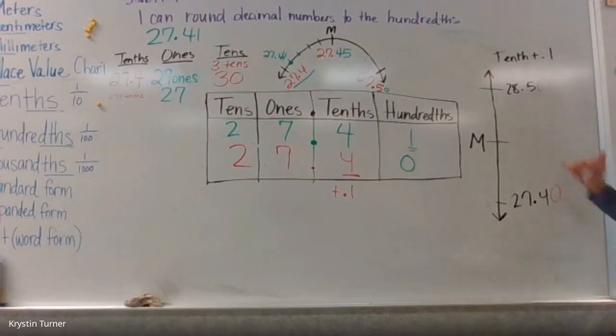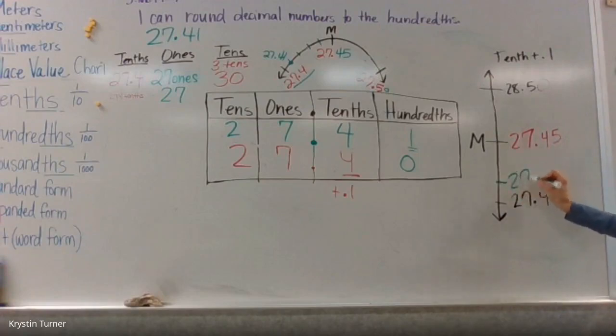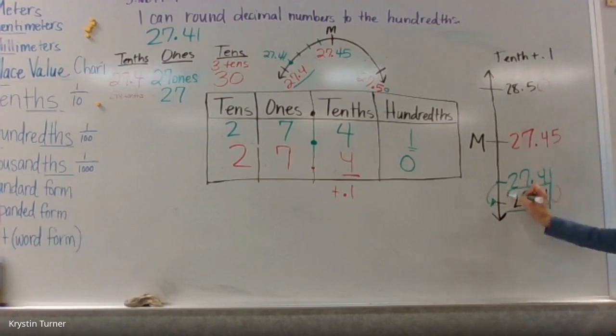So I have 40 hundredths versus 50 hundredths, so then I have 27 and 45 hundredths. Then it's easy to see that my $27.41 would be right here, and that would round back down to 27 and 4/10 because I get rid of this 0 here. It's not necessary.